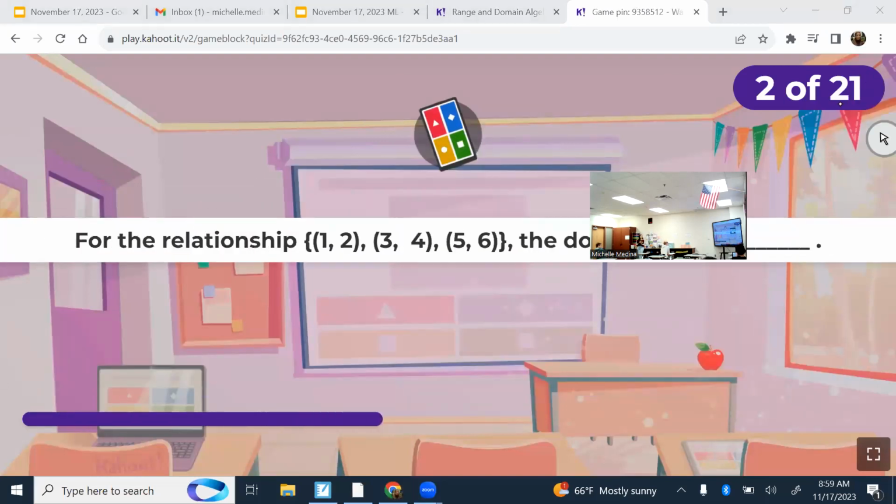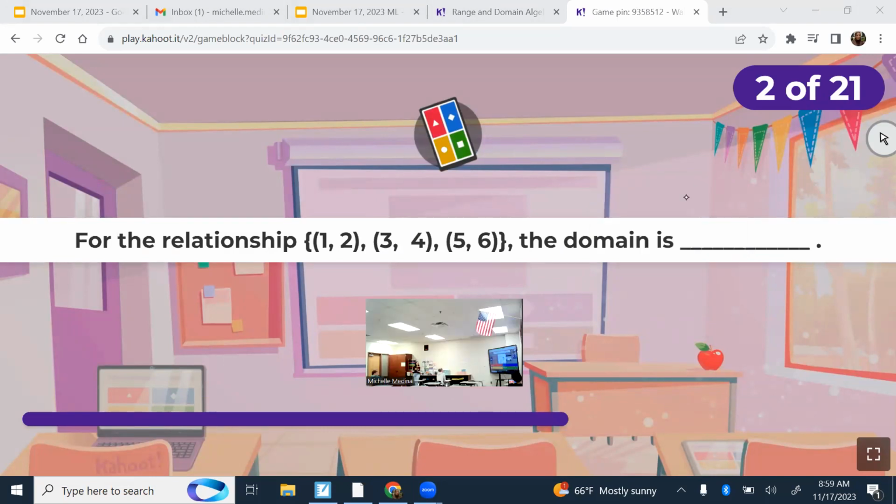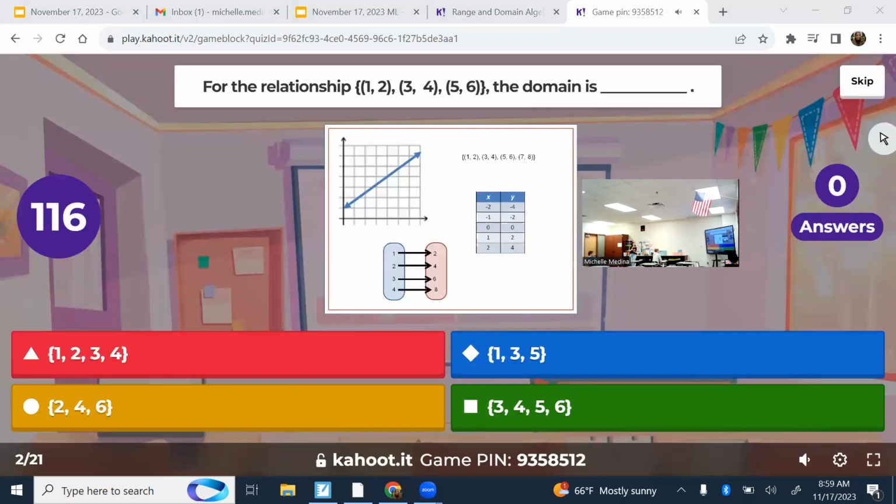For the relationship, there's a bunch of coordinates. The domain is what? 1, 2, 3, 4, 1, 3, 5, 2, 4, 6, 3, 4, 5, 6. I give you a list of coordinates, my domain is what?